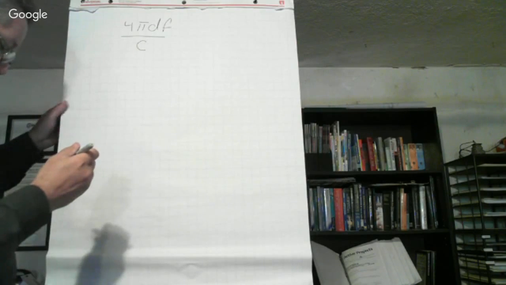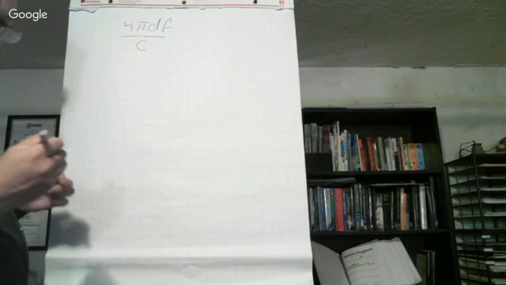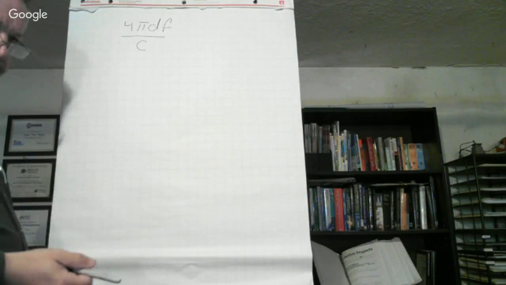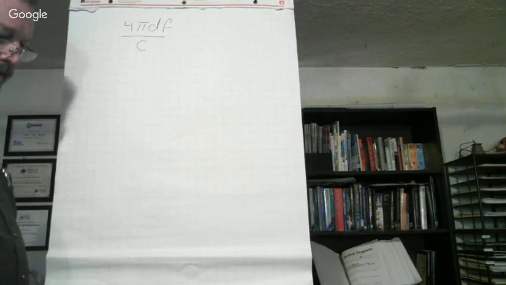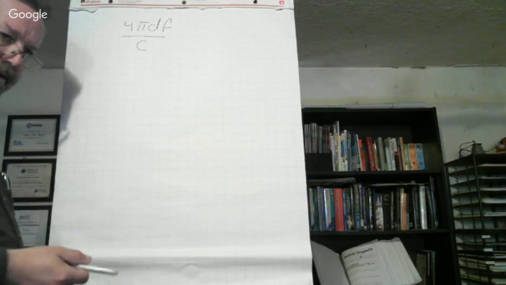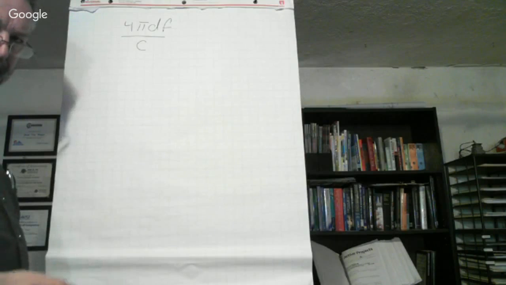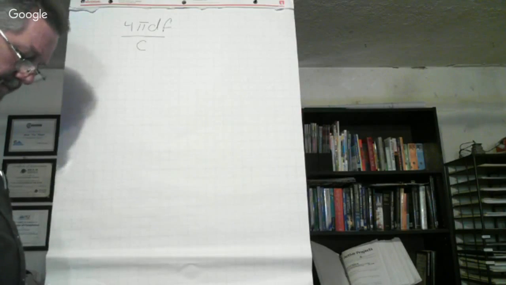And I'm going to go ahead and restate the equation in a way that can be directly used, where it's expecting the frequency in megahertz, which is what we need, and the distance in kilometers, which is precisely what we need.